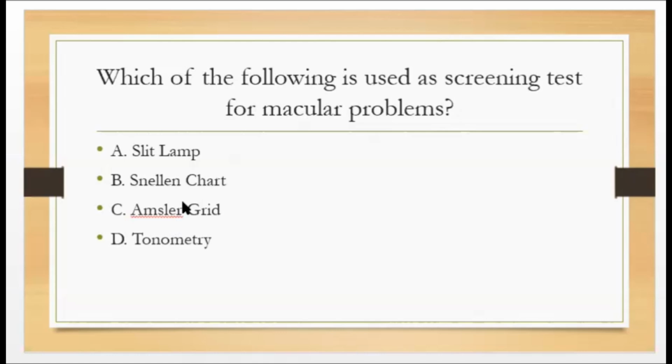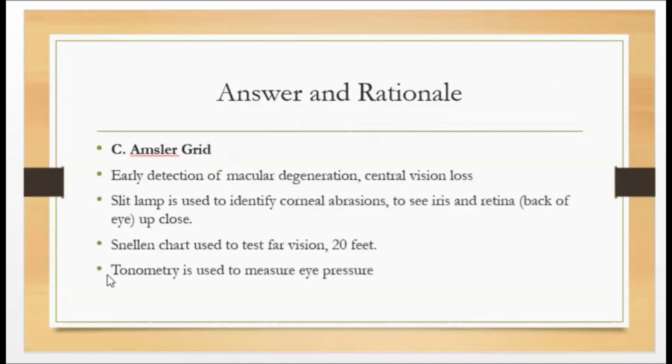And we have talked about the Snellen chart. The slit lamp doesn't have anything to do with macular degeneration. Slit lamp is used to identify corneal abrasion. So when you're talking about corneal abrasion, you are talking about slit lamp, okay.